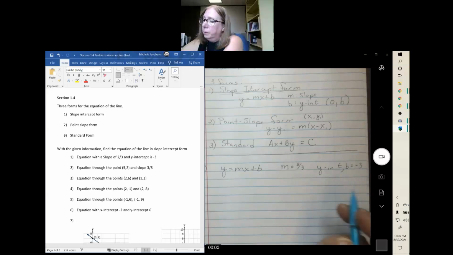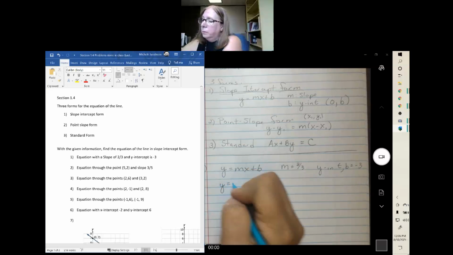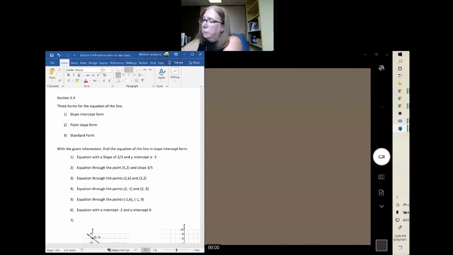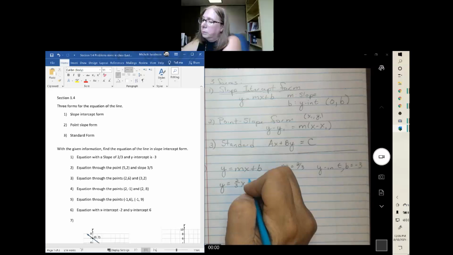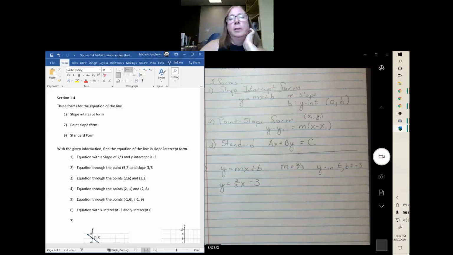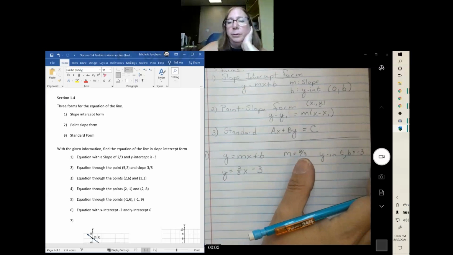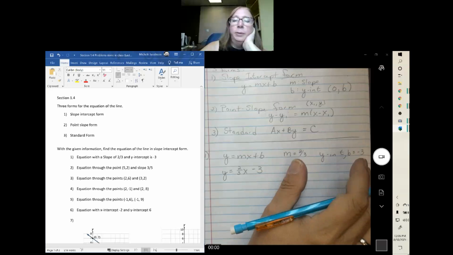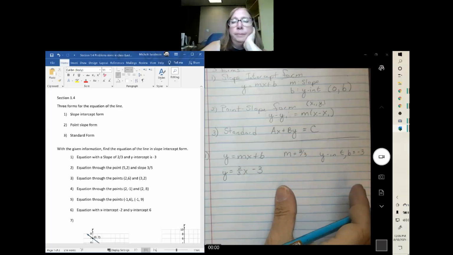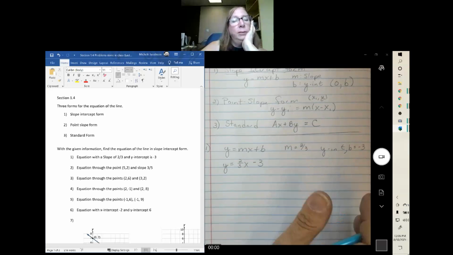We can just plug them in. It's just making sure you understand where the slope and the y-intercept go. Any questions on that one?